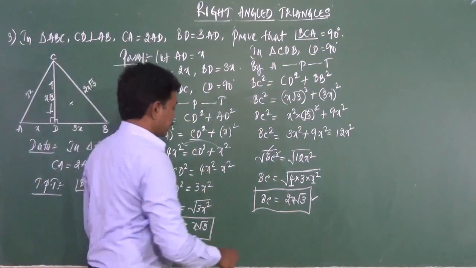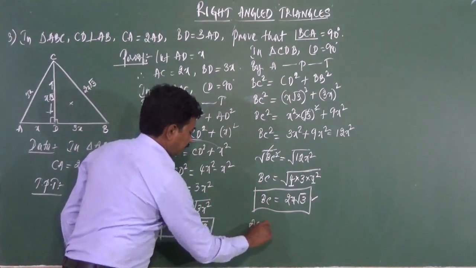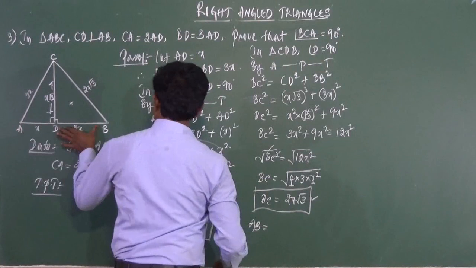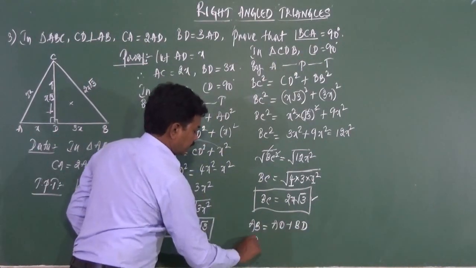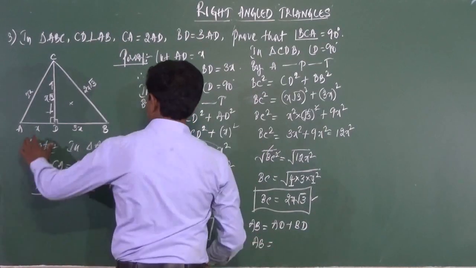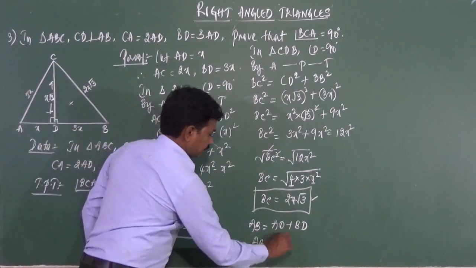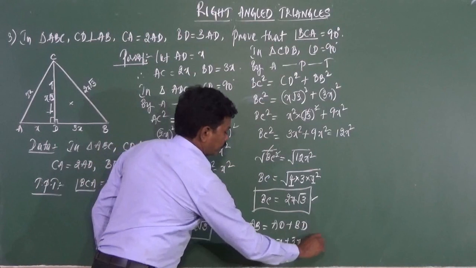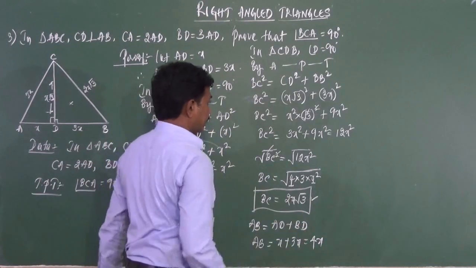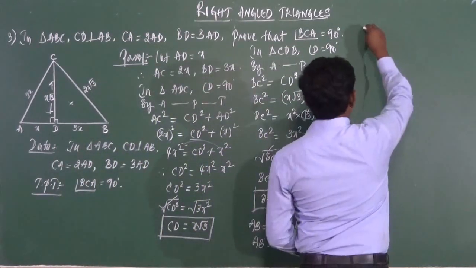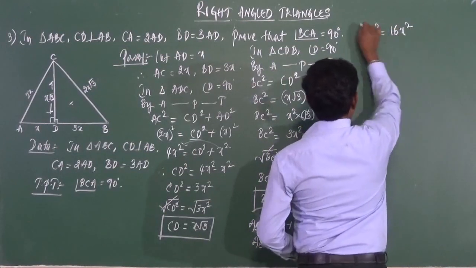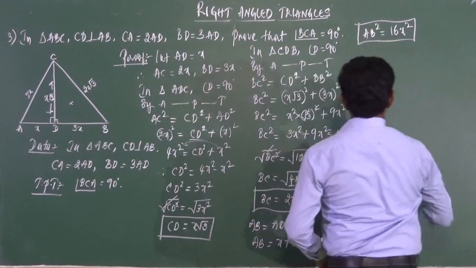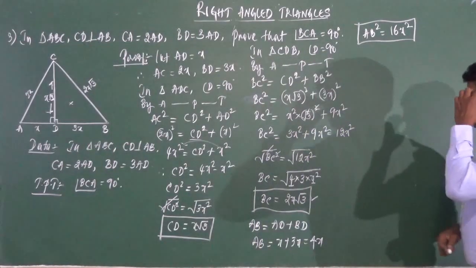So AB is equal to x plus 3x, which is equal to 4x. When we square both sides, AB square is equal to 16x square. Keep it inside a box. AB square is 16x square.